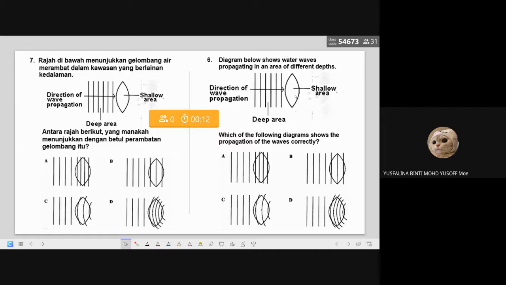So you have to know the characteristic of the wave that passes through the concave lens. So what will happen?